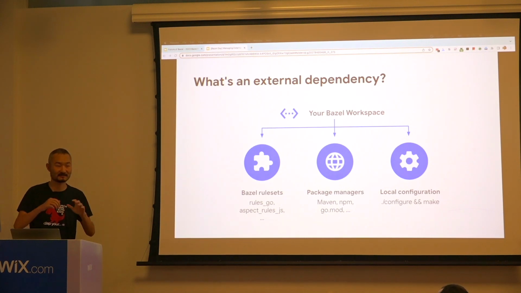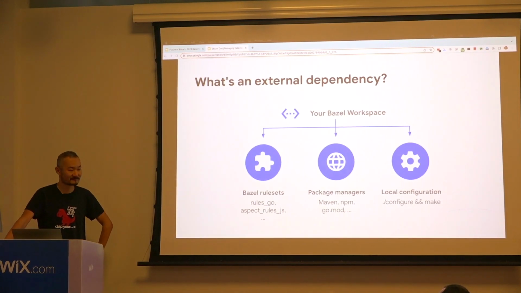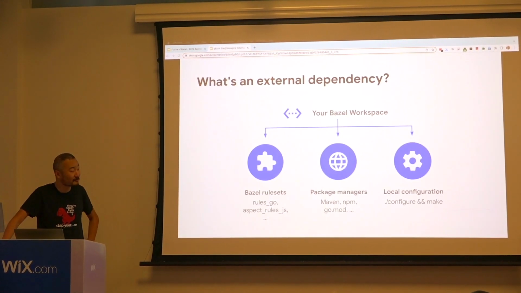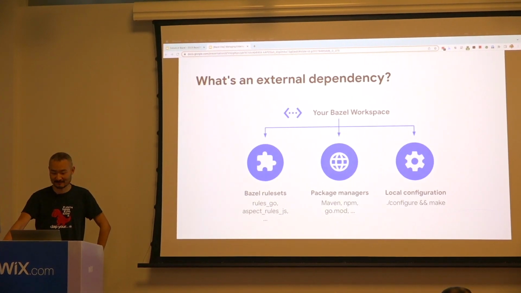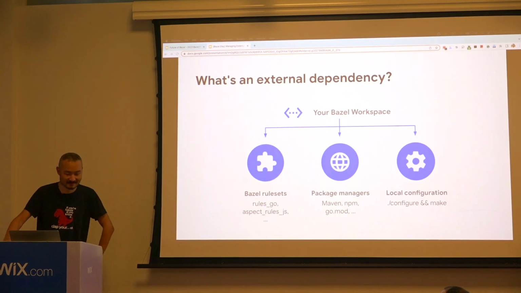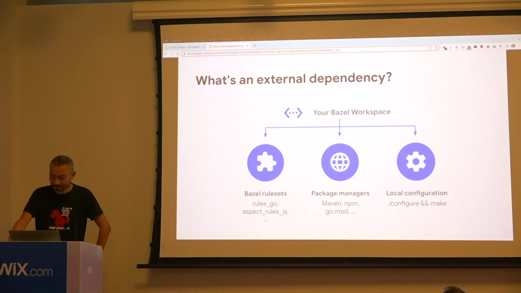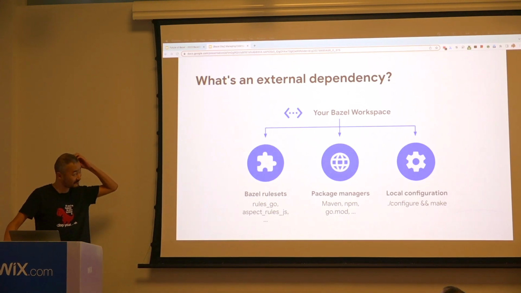So we try to look up, for example, what GCC or what Clang you have installed on your system. You might be familiar with such a configure step before you run your GNU make. So you often do ./configure and make. But in Bazel, it's all just one command. So this form of external dependencies can also be taken care of by Bazel.